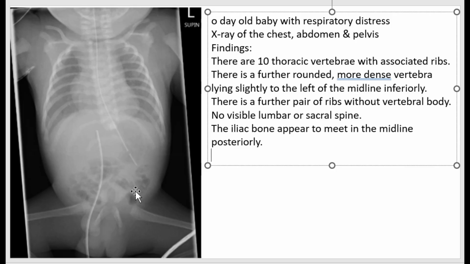Okay, this is the gas of the bowel loops. However, no gas in the distribution of the rectum.